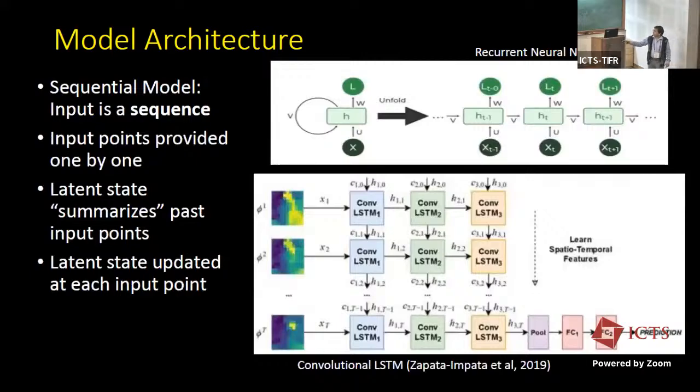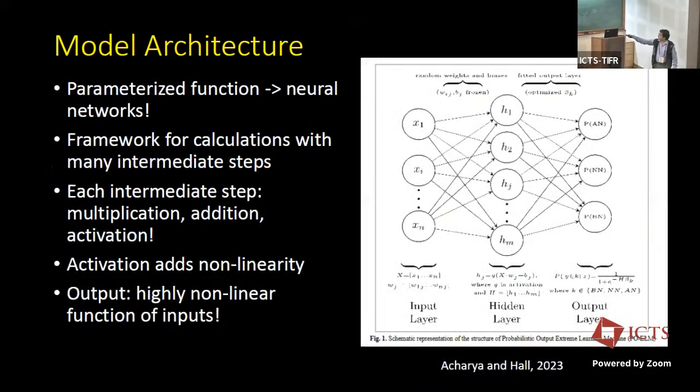Or it can also happen that the input which you are providing is a sequence. Here I was talking about a single vector, or it could even be a matrix. But it might be in some cases that the input is a sequence. We will give some concrete examples of that.